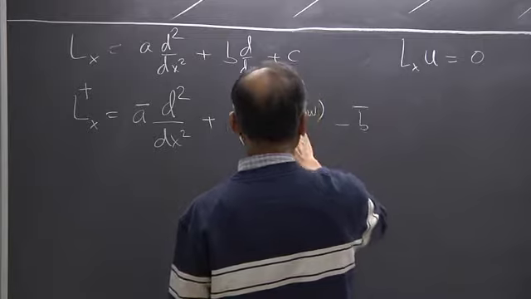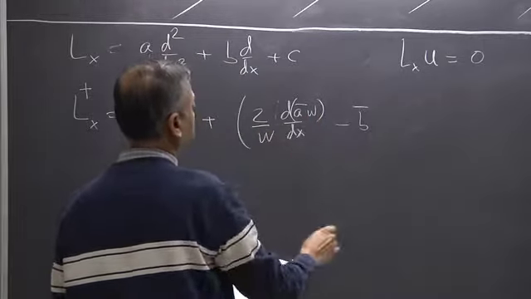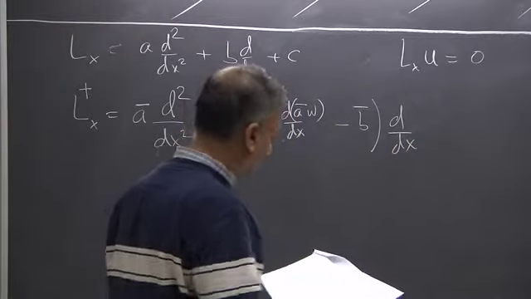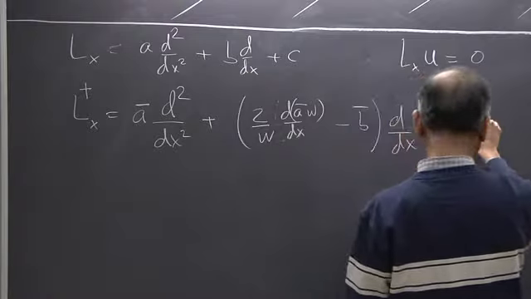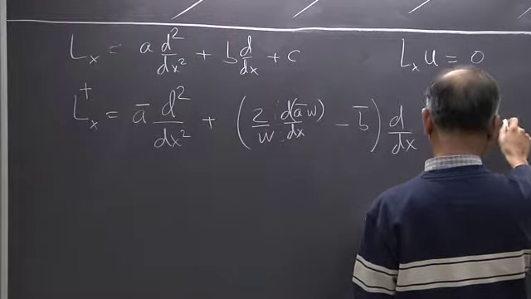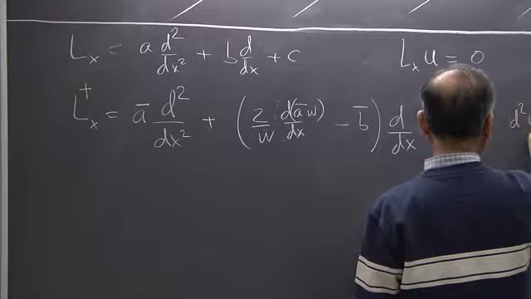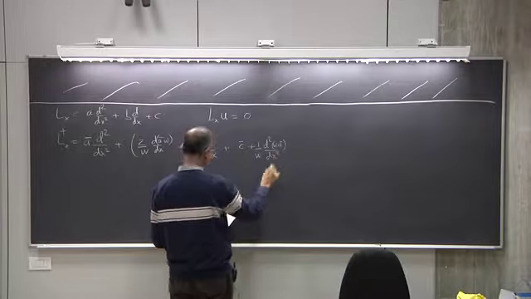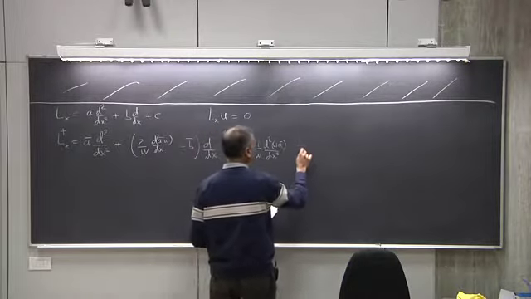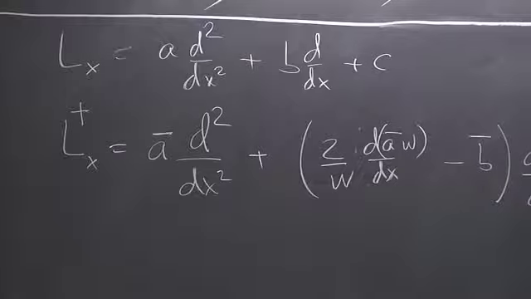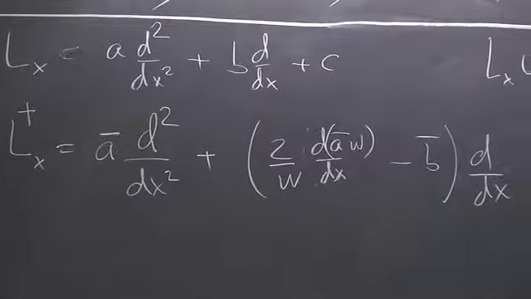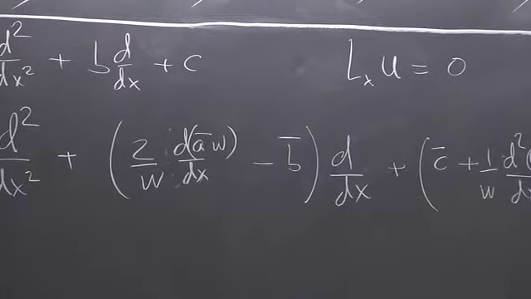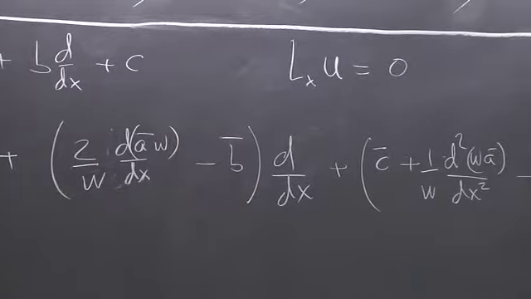Right? So 2 over w, this thing. That thing was d/dx. And finally, there was a much more complicated term, plus c bar plus d²(w a bar)/dx² 1 over w, and then there was a minus 1 over w dx. Right? This was the operator, and now the boundary term.